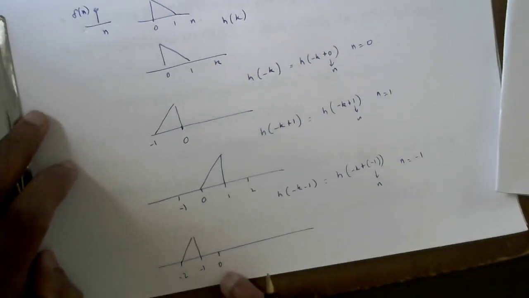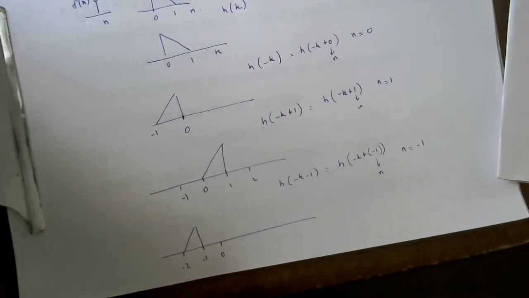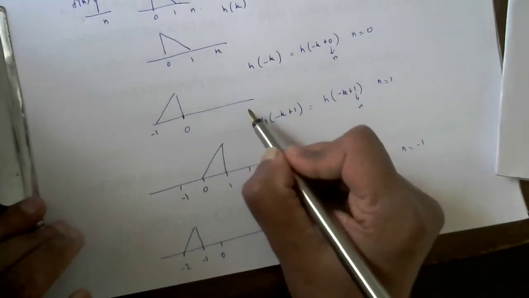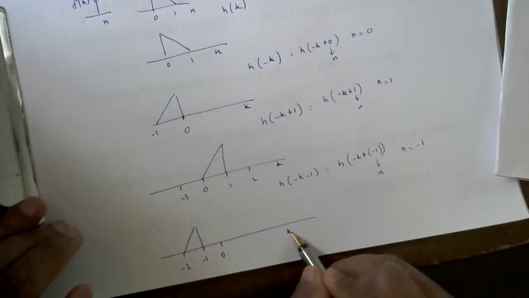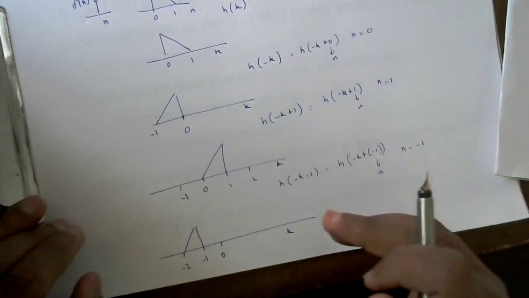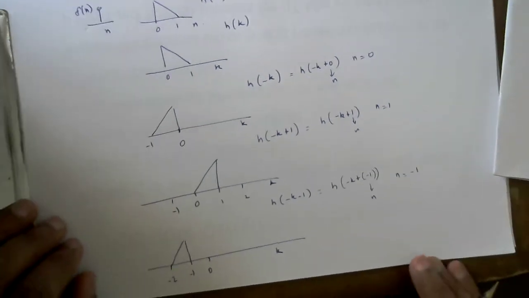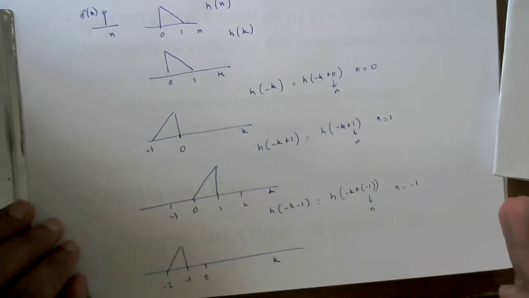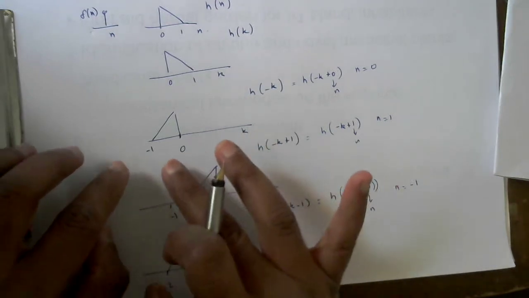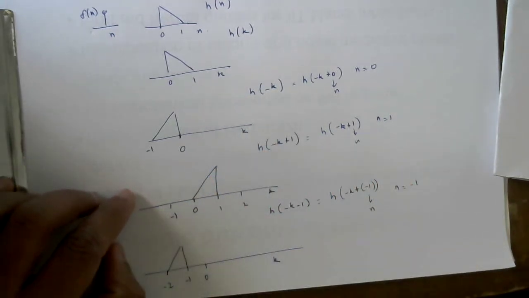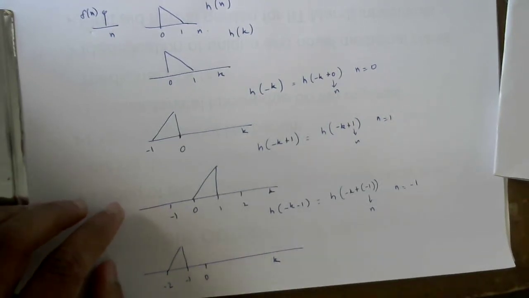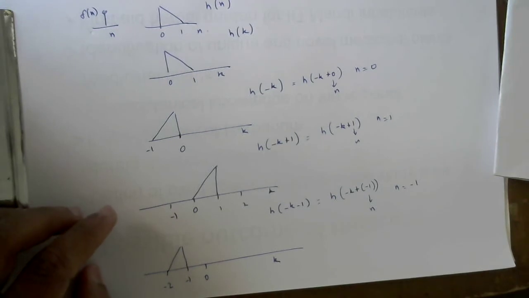So essentially you can see that all of these are now functions of k. I'm seeing this as a function of k for various values of n. So you can see that when n takes values which are positive, my h of minus k keeps shifting to the right side, and when n takes negative values, my h of minus k shifts to the left side.